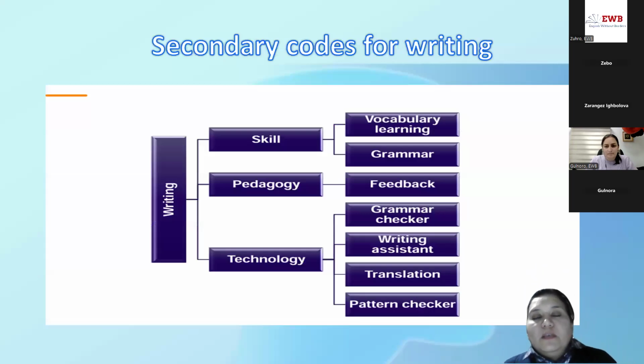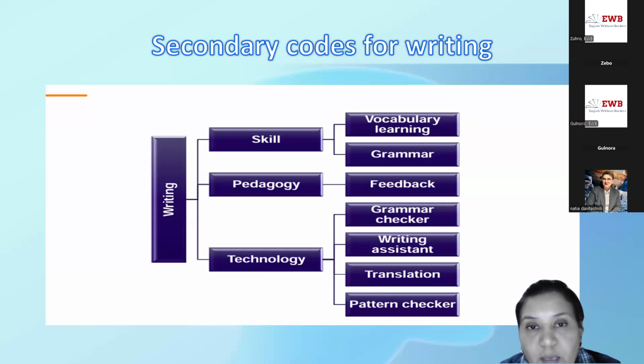In writing, you can hear in this presentation, secondary code for writing. AI tools help for improving skills, pedagogy, technology, vocabulary learning, grammar, feedback, and the grammar checker, writing assistant, translation, pattern checker are connected with each other and can help improve language learning and teaching skills.